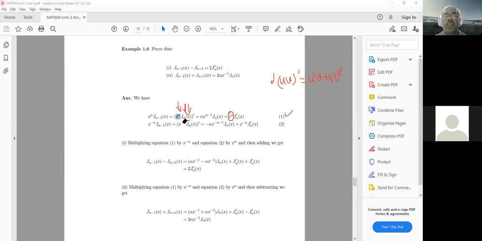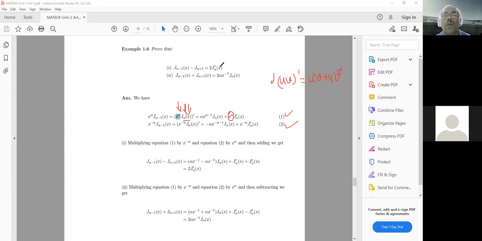The derivative of x to the power minus alpha is minus alpha x to the power minus alpha minus 1, right? Second function as it is, plus first function as it is into the derivative of the second function, that is J alpha dash. Okay, so we have another expression.